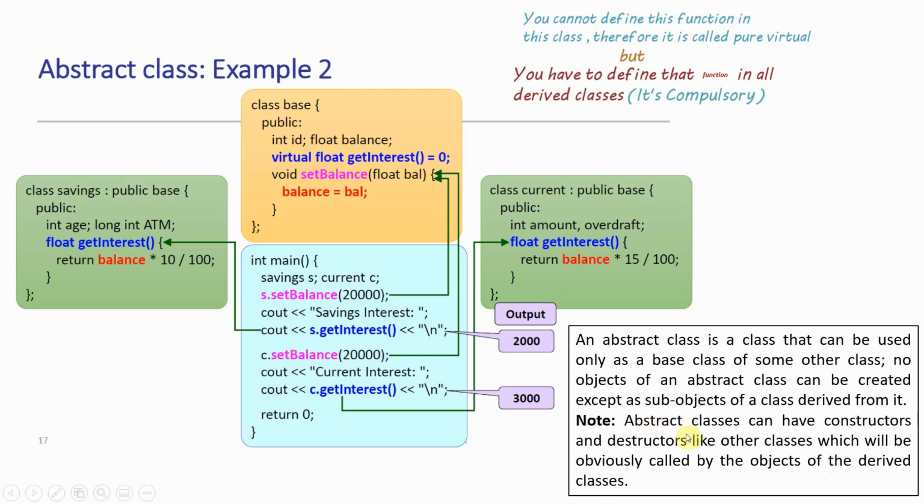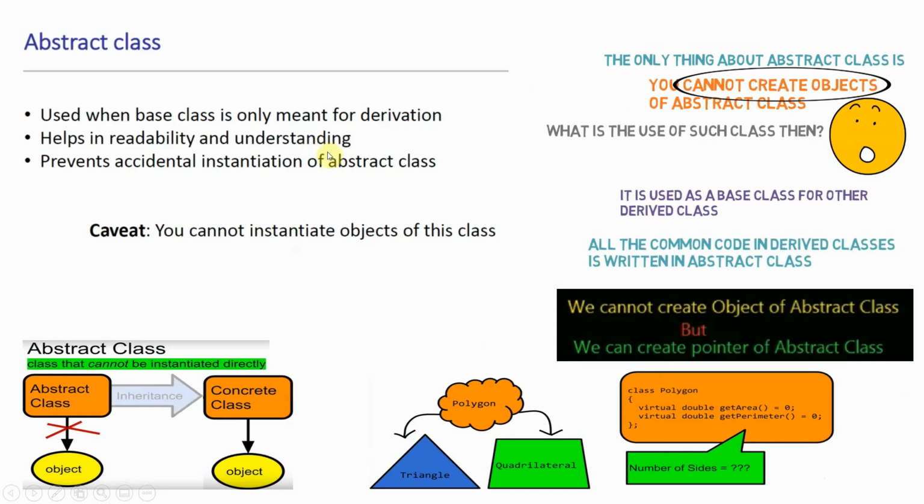That's one common mistake for new programmers. They think that an abstract class cannot have a constructor. It can have a constructor. It can have a destructor. This shows more examples. Let's say you can have an abstract class of polygons and triangles, and a trapezoid, for example, as subclasses.